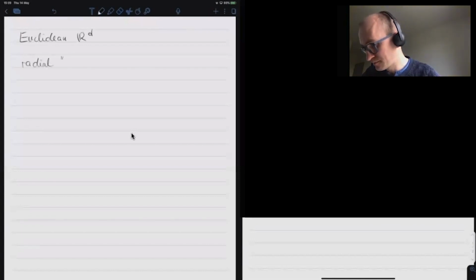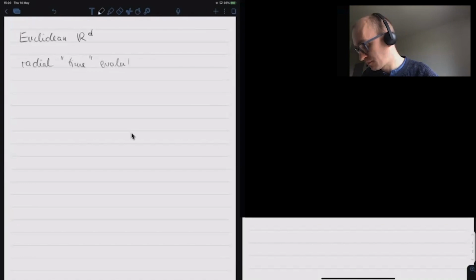Okay, now, back to the factors of I. For this, let us remind ourselves that we're in Euclidean R^d, and that we've worked out that the time evolution operator, the radial time evolution, was e to the minus I d log r.